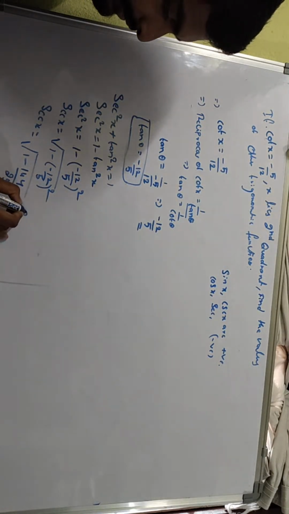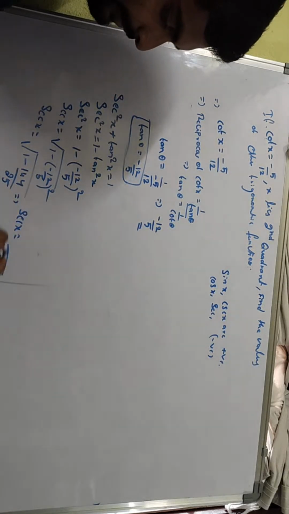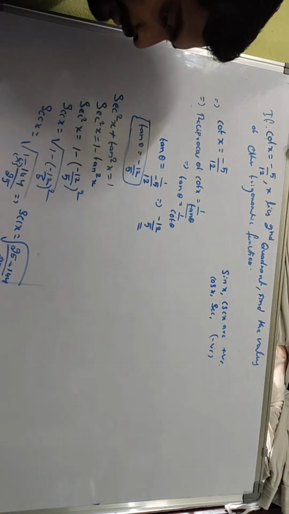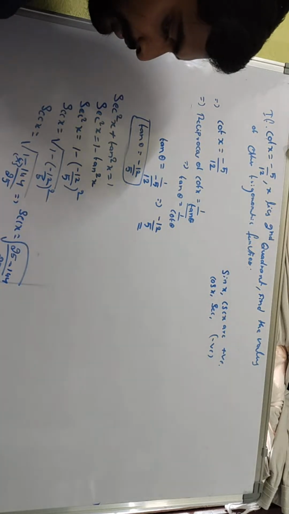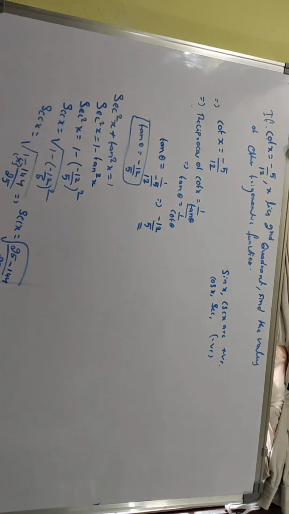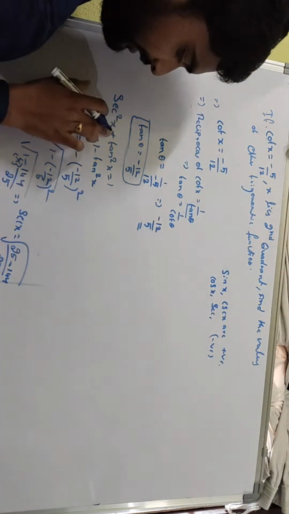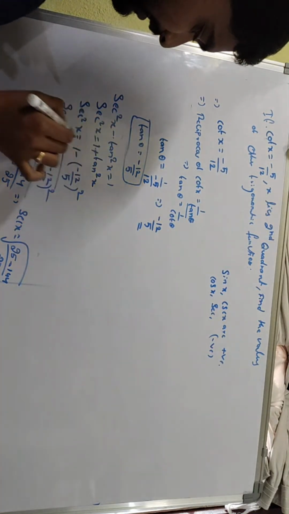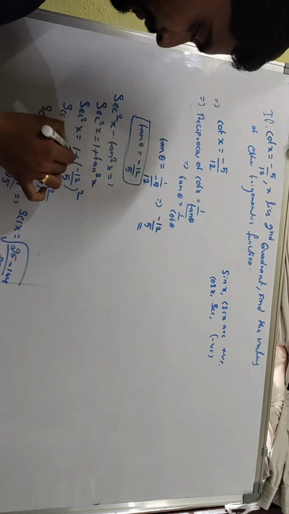So secant x is equal to, the LCM becomes 25, with cross multiplication, 25 minus 144. So finally we get the answer. Actually we made a mistake: secant square theta minus tan square theta, and it becomes plus, and it also becomes plus.